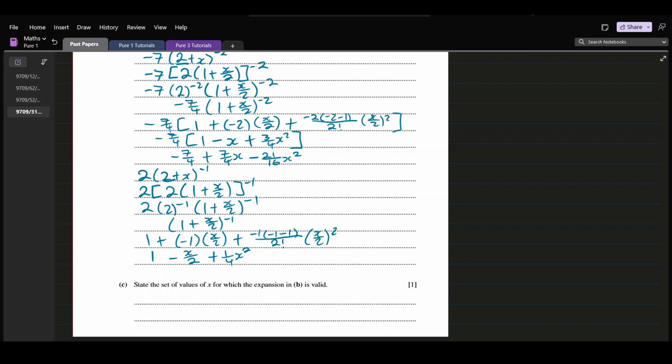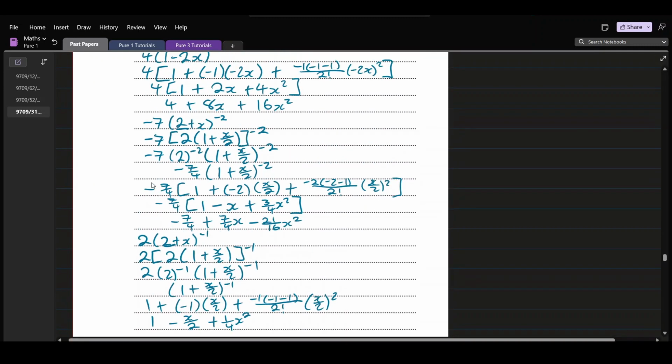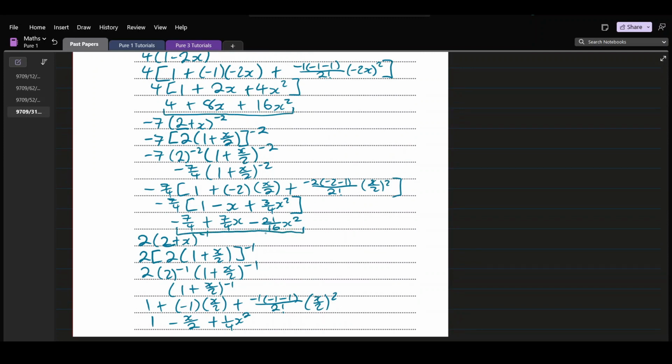Now let's combine our results for all three scenarios. So we have our first set of results from here, our second set is here, and then our third set at the very bottom. So let's write it over here since we've run out of space.